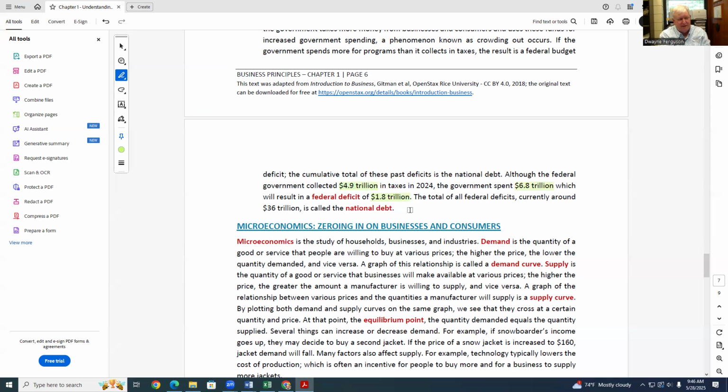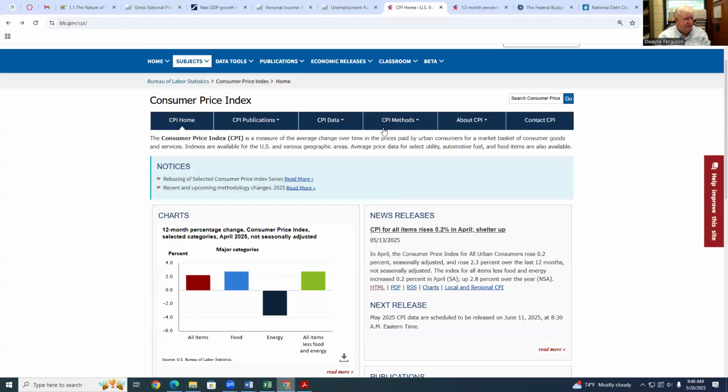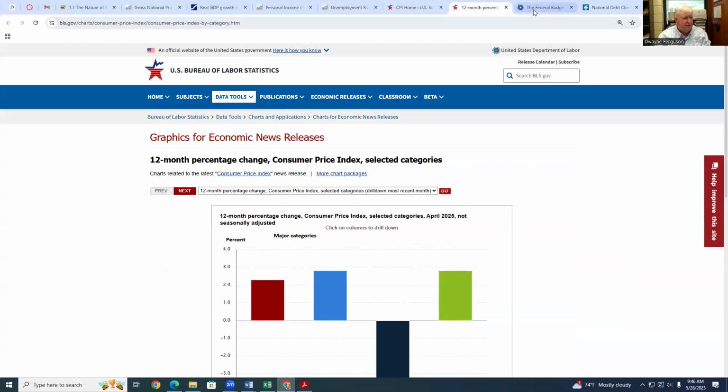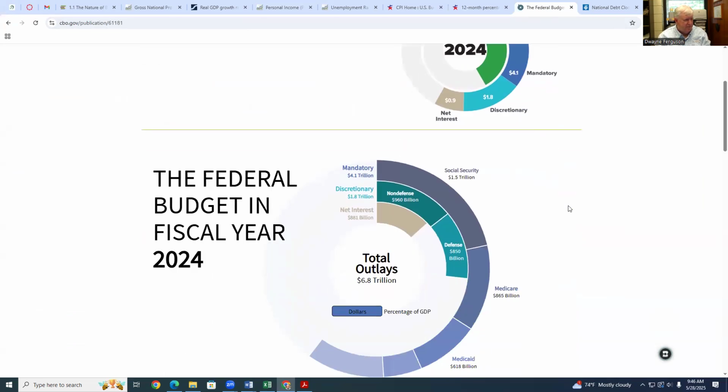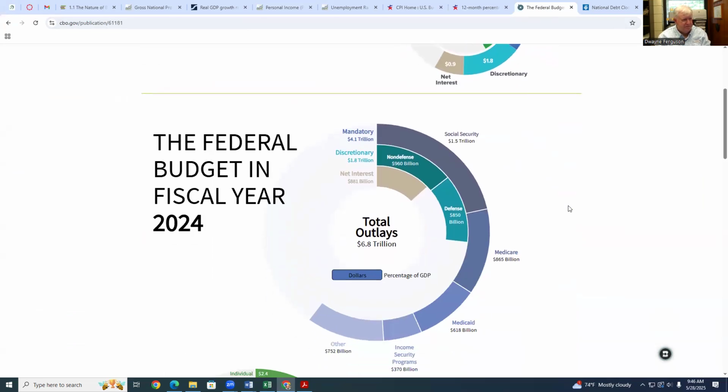So that happens every year. Every year we have a federal deficit. So let me see if I can go over here and find you one of those. So here's the information from last year, what they spent it on and where they got the money from.